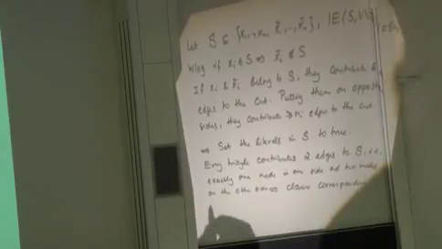So this means that the clause corresponding to that triangle is not-all-equal satisfied, because one of them is true and the other 2 are false, or one of them is false and the other 2 are true.